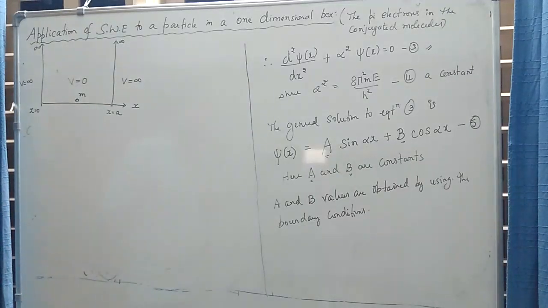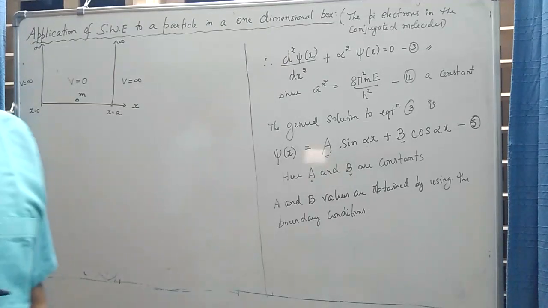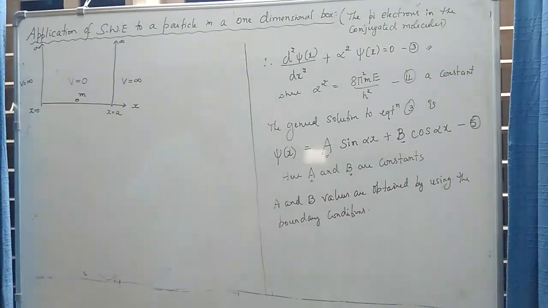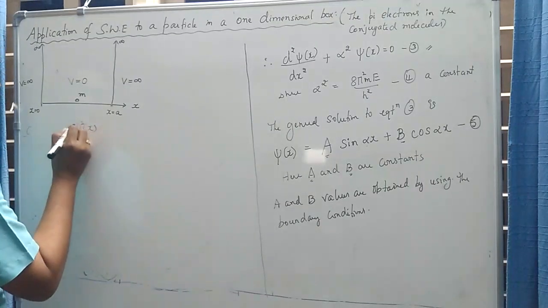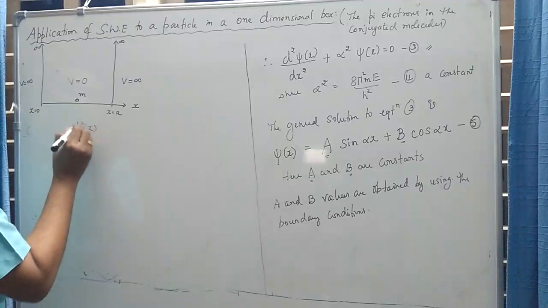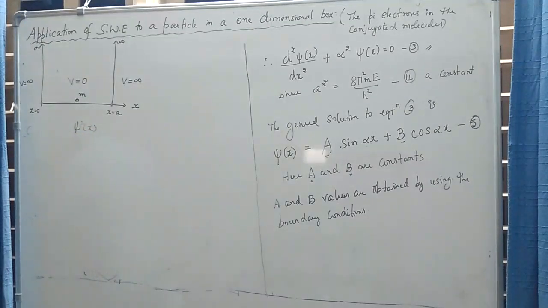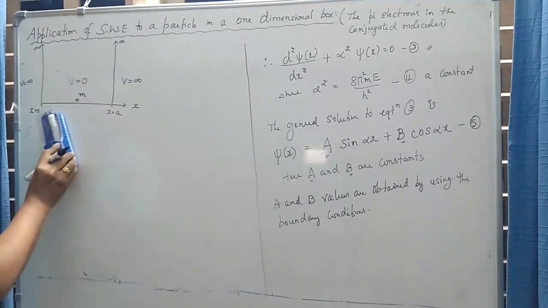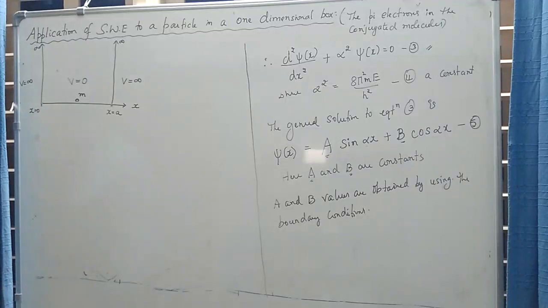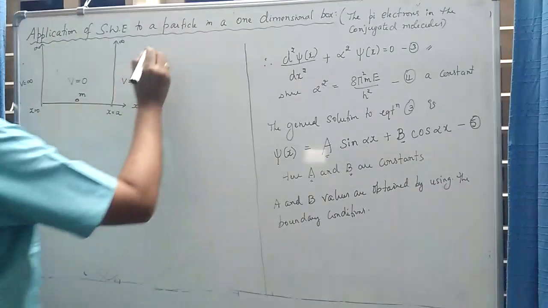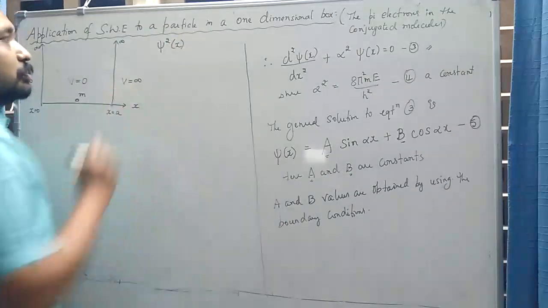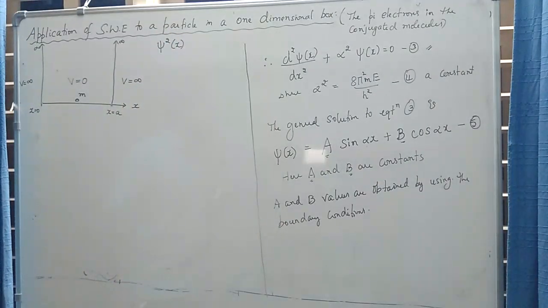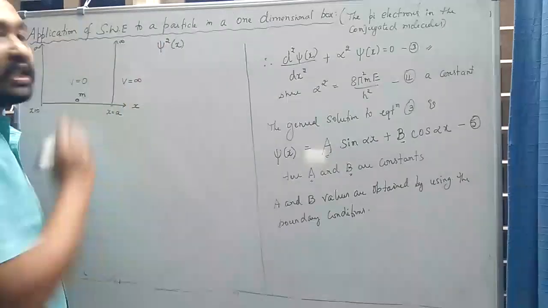And how do we calculate probability in quantum mechanics? If psi is the wave function, the probability is given by psi square. So here psi square of x represents the probability of finding the particle at position x.